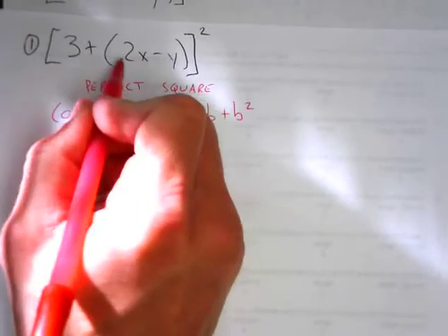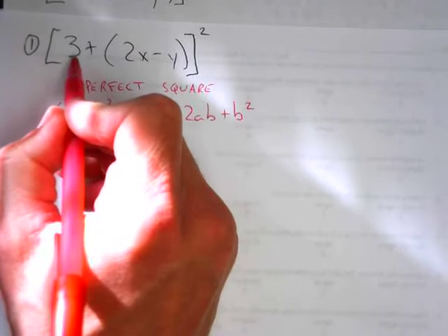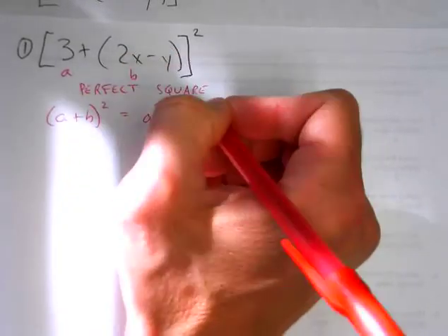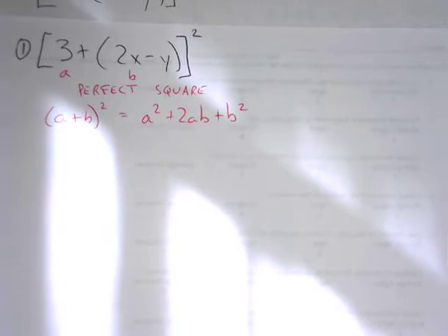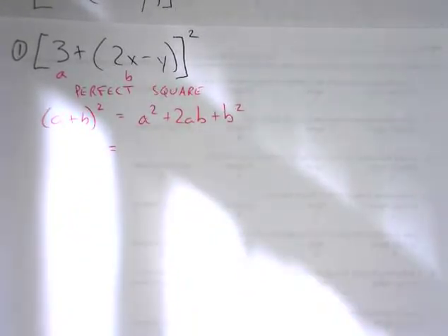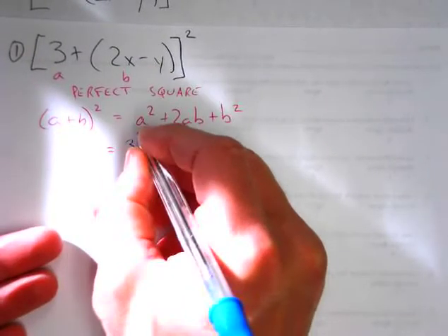That's what's happening here. It's just our b looks a little crazy, right? Our a is here, but our b looks a little bit crazy. So if we have an a here and a b here, what would this whole crazy expression look like? And so we're just going to apply that, right? So we're looking at the form from the perfect square. If our a is 3, well, then a squared is 3 squared.